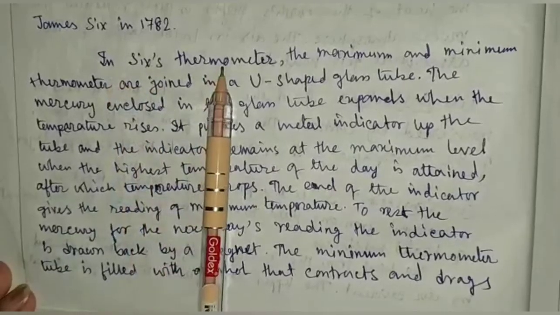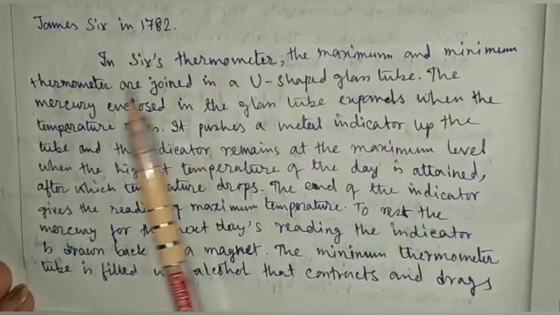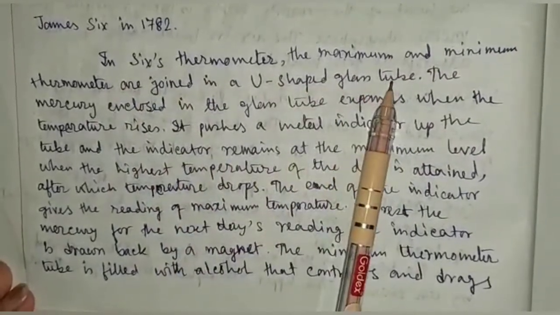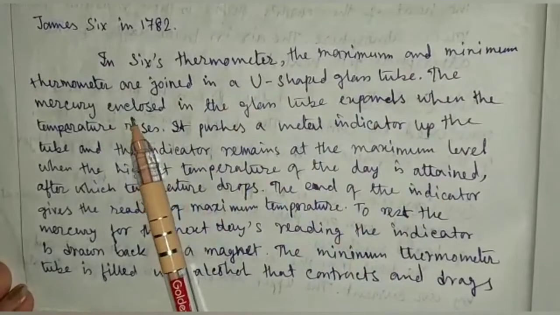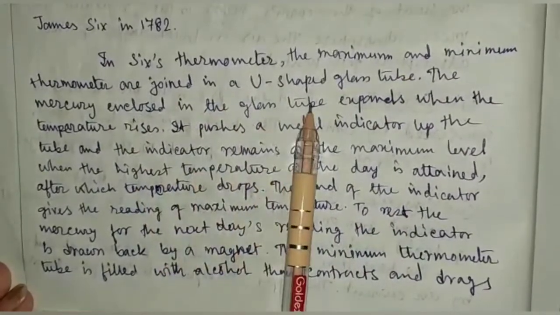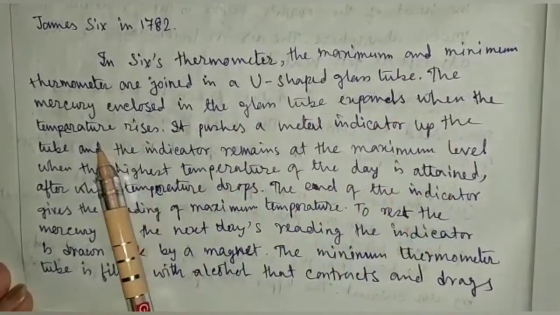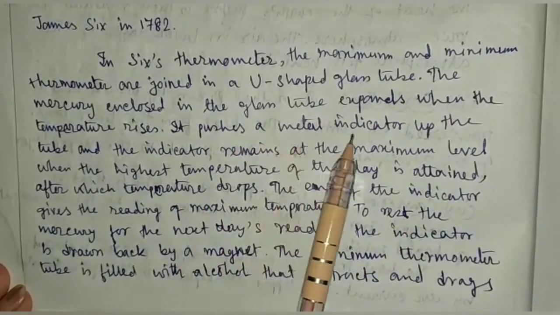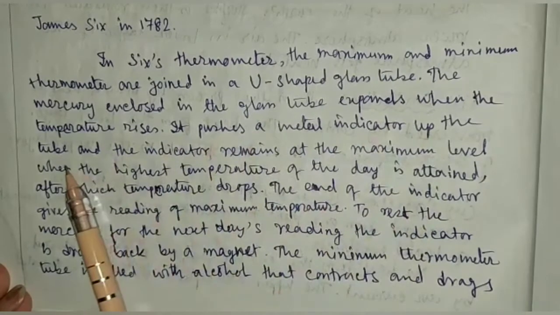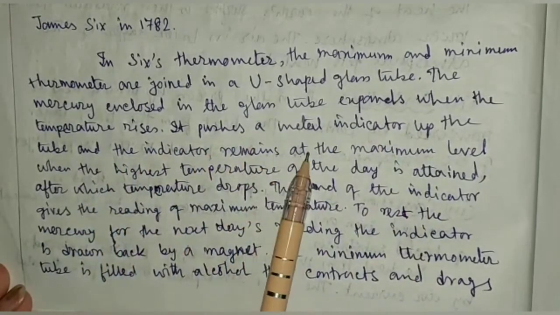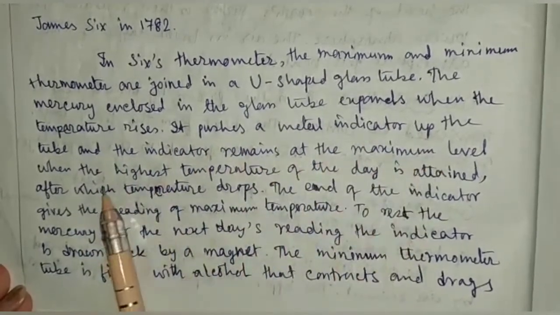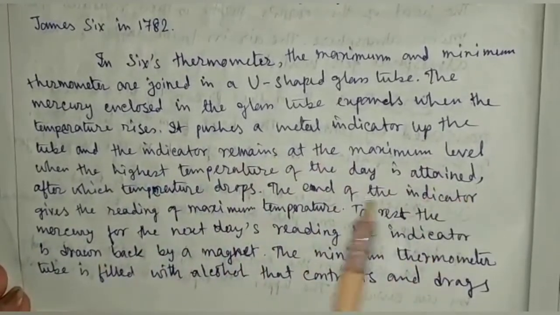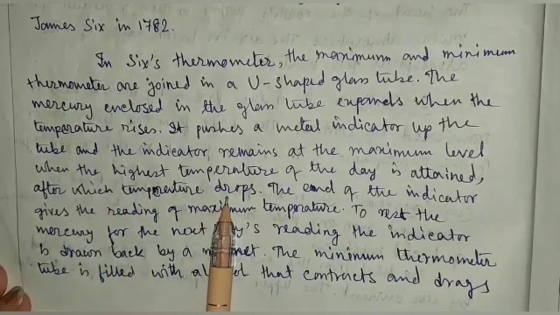In Six's thermometer, the maximum and minimum thermometers are joined in a U-shaped glass tube. The mercury enclosed in the glass tube expands when the temperature rises. It pushes a metal indicator up the tube and the indicator remains at the maximum level when the highest temperature of the day is attained, after which the temperature drops.